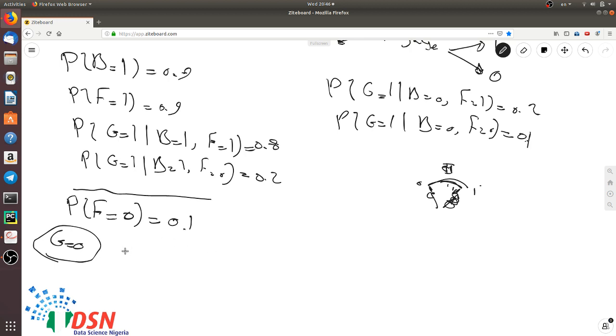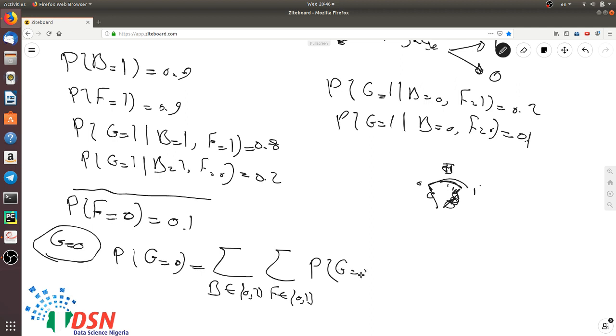Now the probability that the gauge is 0, we could write that as a sum over all of the possible states of battery and all of the possible states of fuel tank: P of G equal to 0 given B and F times P of B, P of F. If we calculate that, we will end up with this number.